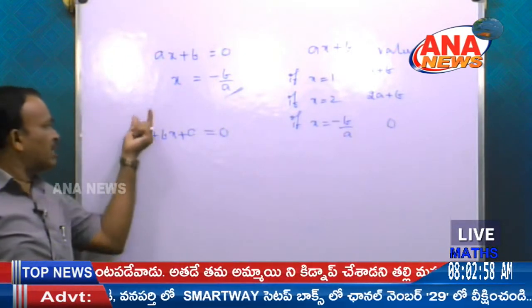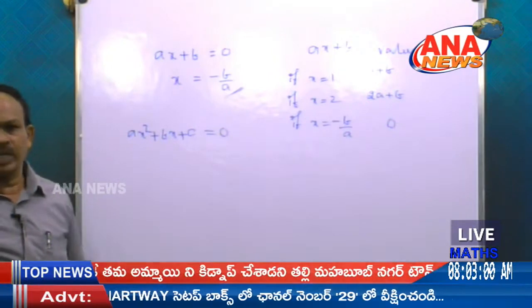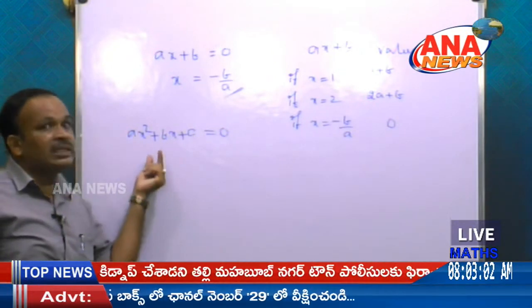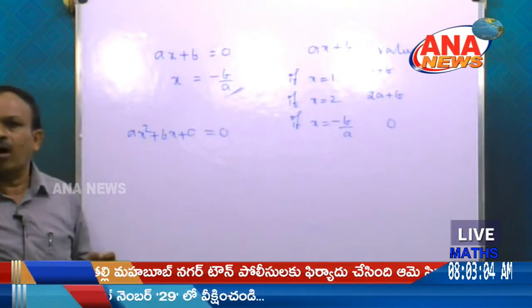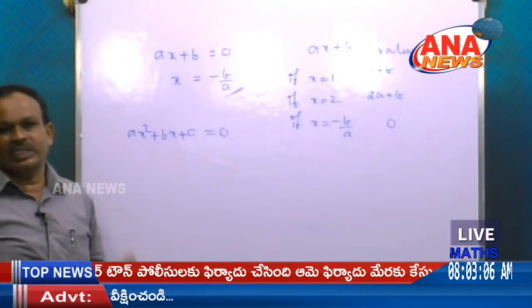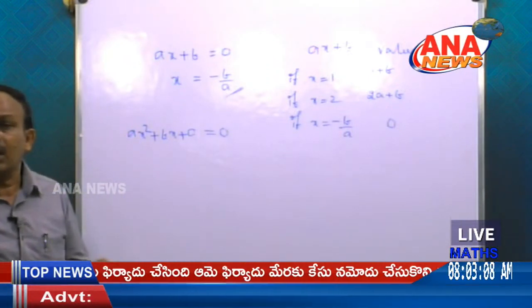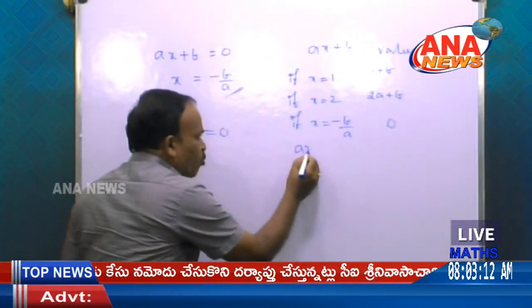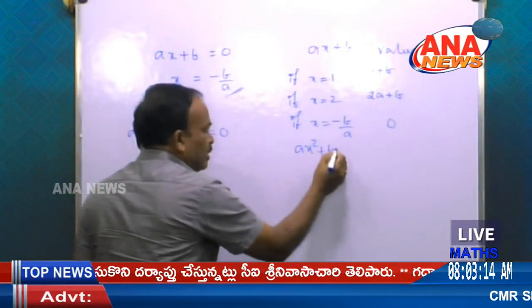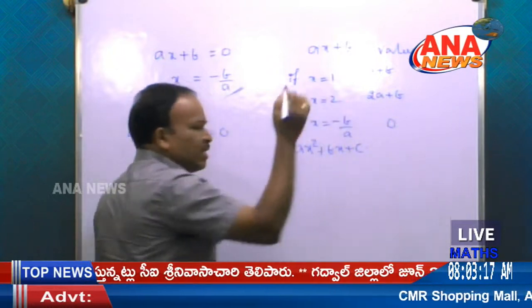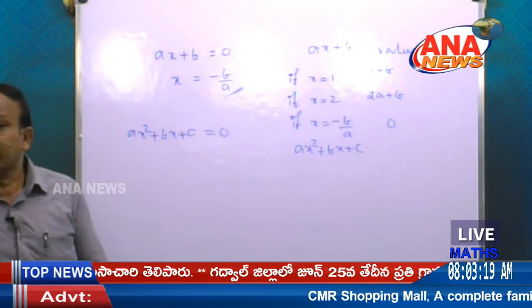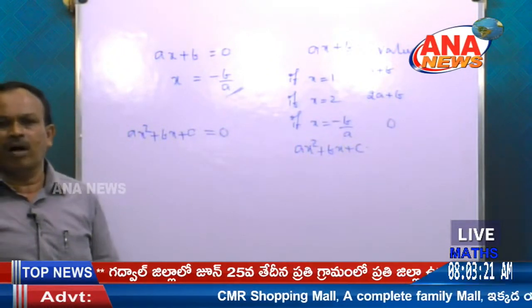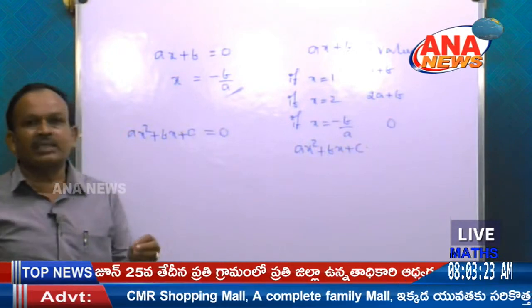See, x has power 2. That means this is a second degree equation or quadratic equation. Ax square plus bx plus c is a second degree expression or quadratic expression.